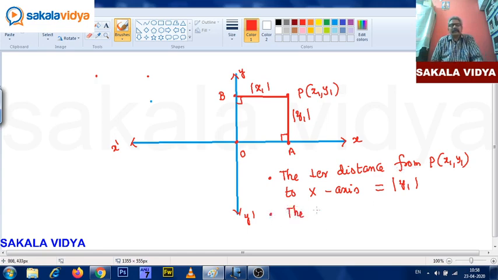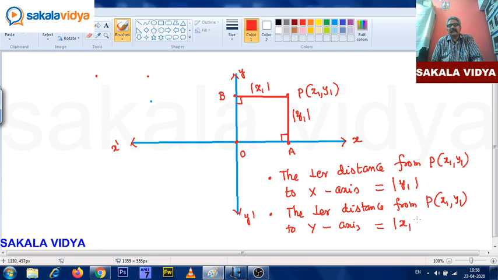The perpendicular distance from P x1 comma y1 to the y axis is equal to mod of x1.